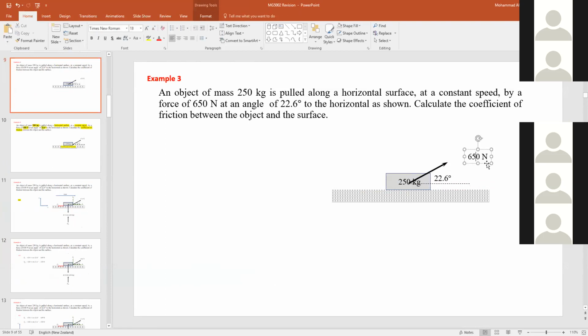I'll give you time to think. Let's say this is the weight of that. If that 650 newtons was placed in that position, can you please answer in the chat and tell me what different things will happen?